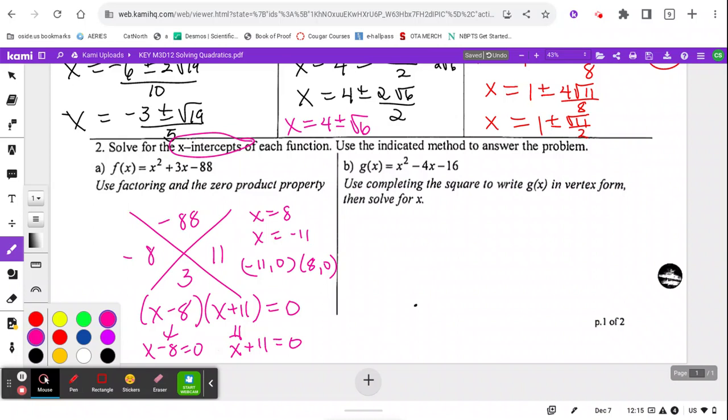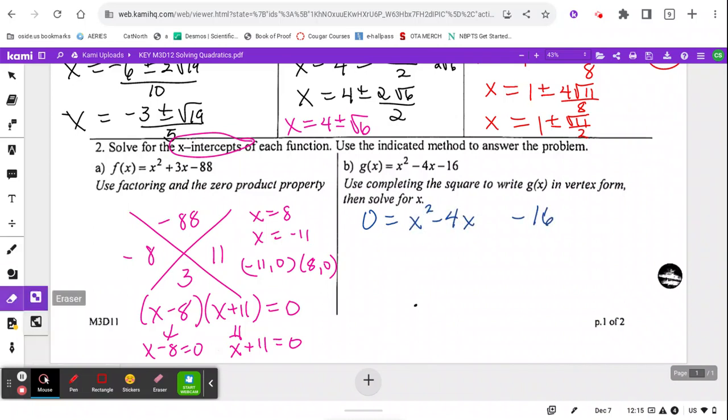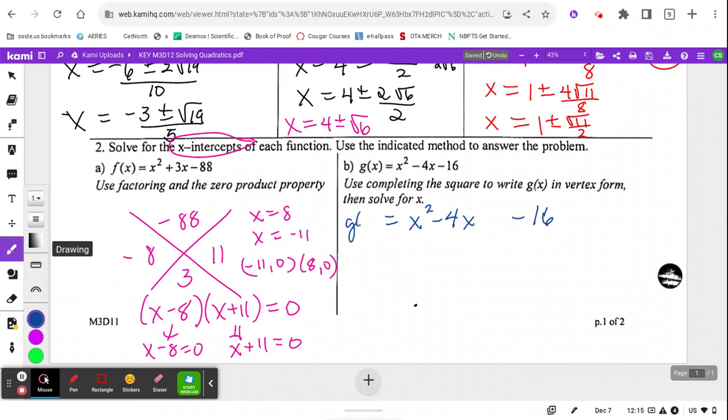The last one, we're going to complete the square to get to vertex form, and then we're going to keep going. So step 1, make space. Actually, I'm going to not put 0 equals yet because it first just asks for vertex form. So g of x equals, step 1, make space. Step 2, b work. Divide that b in half and square it.